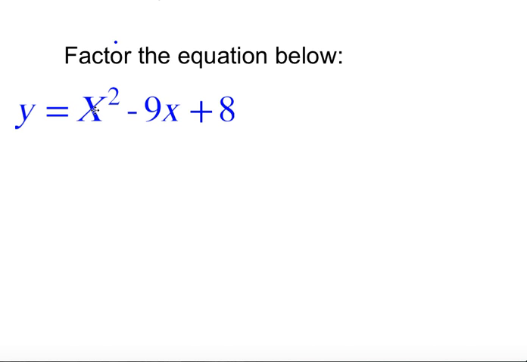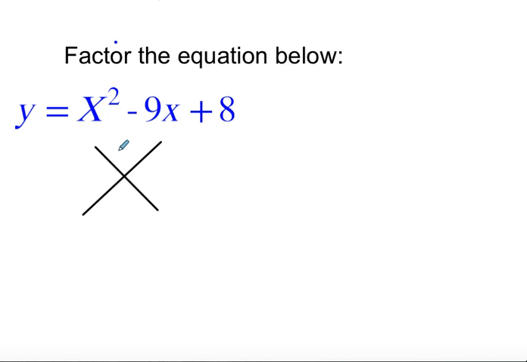Anytime you see a quadratic function and you want to factor it, you're going to make an x. It's called the diamond method. You're going to make a beautiful x like this. That's the first step.